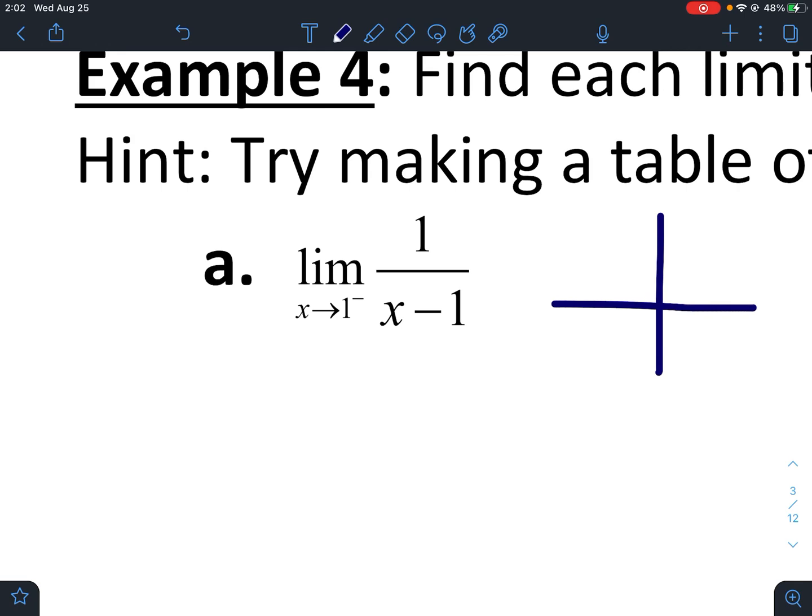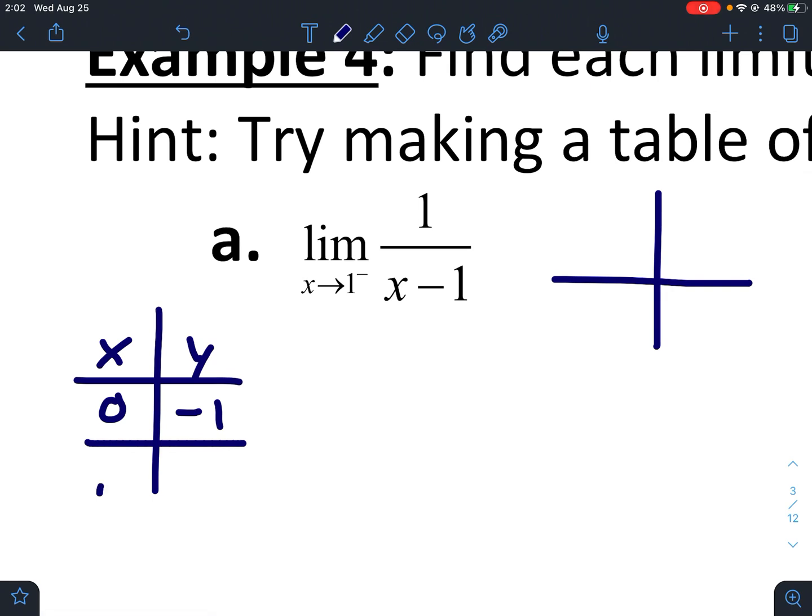So what we want to do here is take numbers that are just to the left of 1, but getting closer and closer to 1. So for example, if you put in 0, you would get 1 over negative 1, which is negative 1.